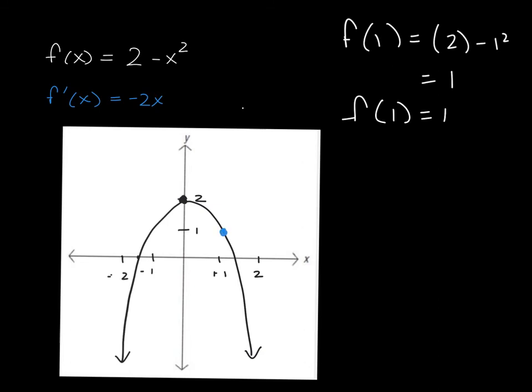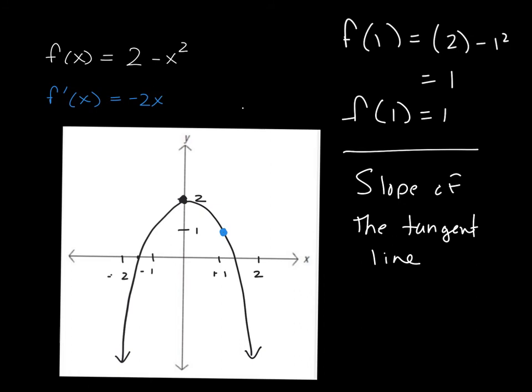Now, what about the slope of the tangent line at that point? We'll draw that tangent line in. The slope of the tangent line at that point would be plugging in the same value 1, but this time into the derivative function.